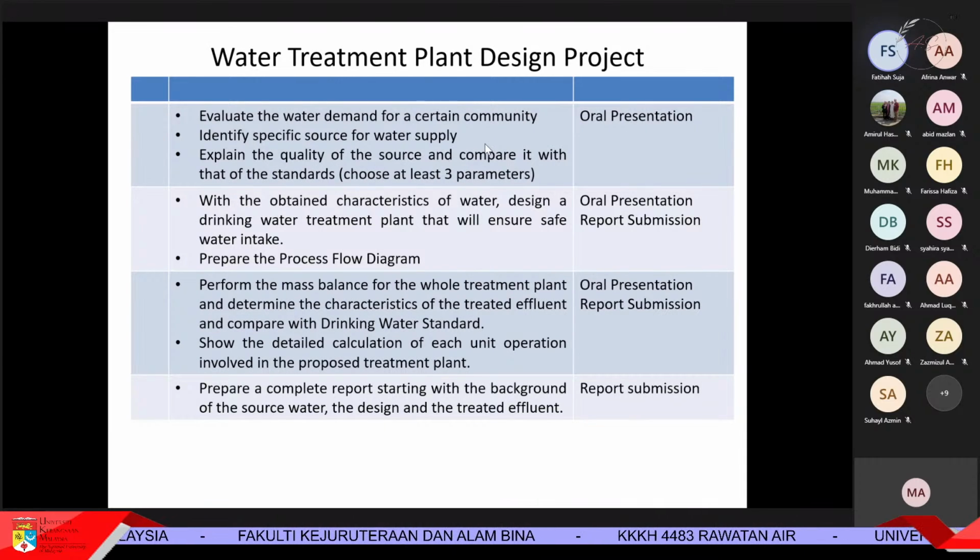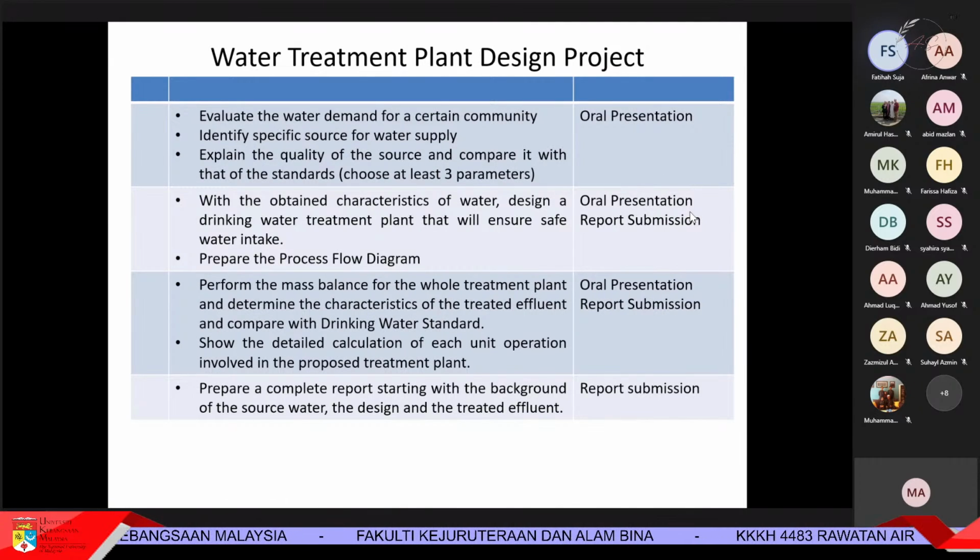And then with the obtained characteristics of water, design a drinking water treatment plant that will ensure safe water intake. Prepare the process flow diagram. So everything will be presented in your final oral presentation. As I mentioned, you will only have 2 presentations: presentation 1 and final presentation.